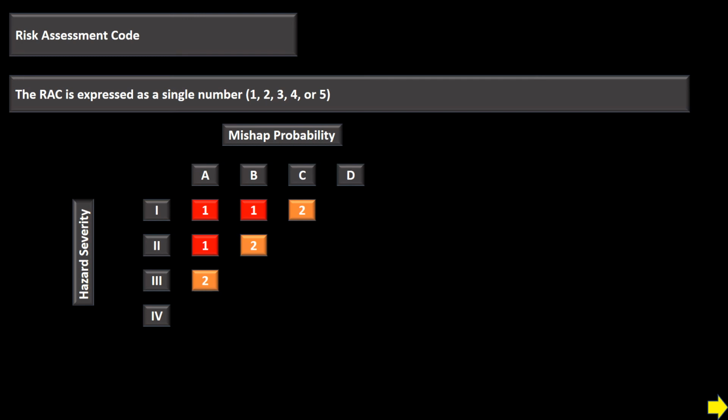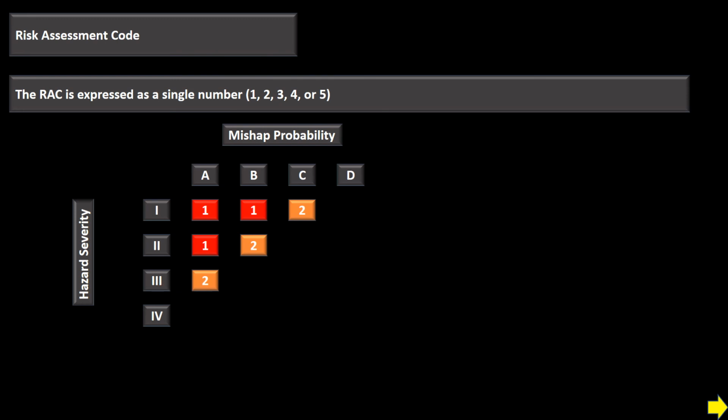A RAC level 2, well, you see, we start to become less probable, right? So we're over here in Charlie, which was may occur, and it's still catastrophic, but the probability is decreased, or it's critical and it may occur in time, or it's marginal. A 3 is marginal, and it'll probably occur immediately, but it's marginal.